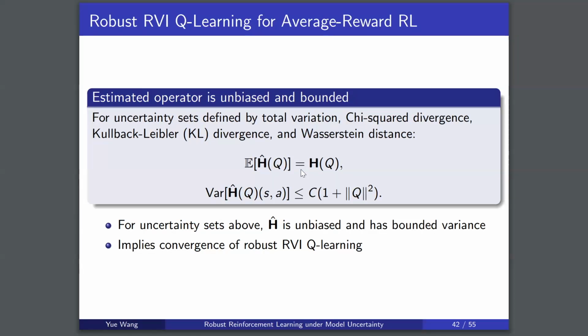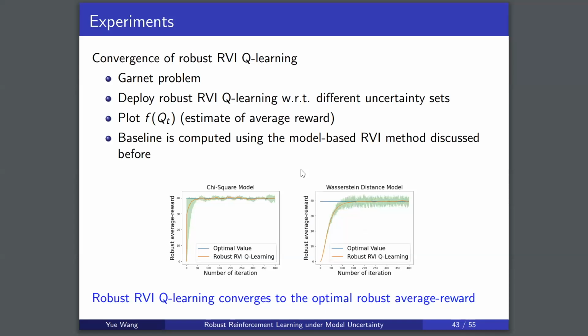So here we also use some numerical experiment to verify our result. So we deploy our model-free RVIQ learning with respect to different uncertainty sets, and we plot FQ function here. So the orange curve in the figures show the update of our algorithm.